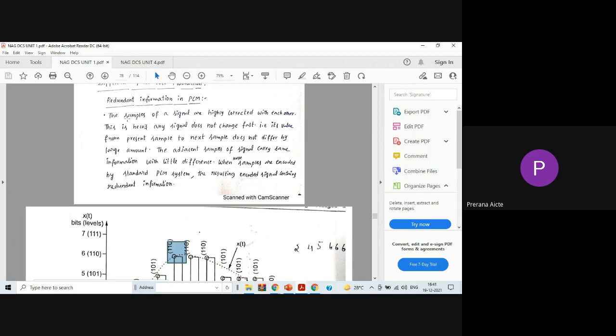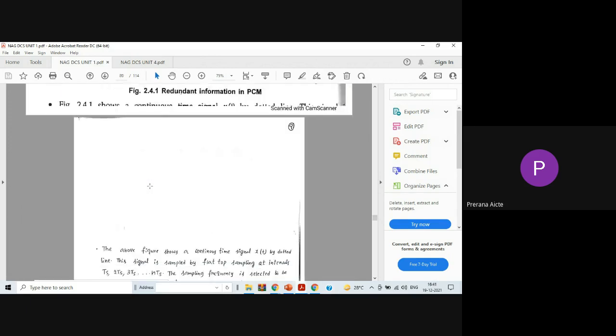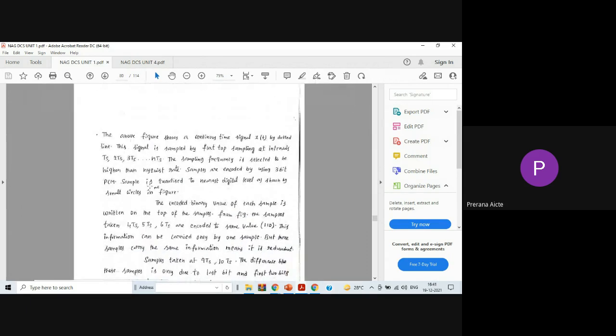The samples of a signal are highly correlated with each other, because the present sample to the next sample will not differ by a large amount. The adjacent samples of a signal carry the same information. When these samples are coded, they will contain redundant information.